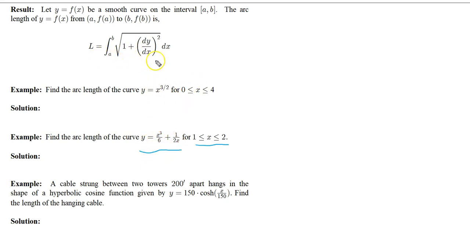So we just have to use this formula up here. So we need to know what the derivative of this is. Well, y prime, of course, is going to be, so there's the derivative. Note that the derivative of 1 over 2x, that's 1/2 x to the negative 1. When you differentiate this, you drop the negative down, so that's where that negative comes from, and you subtract 1, so you get x to the negative 2, so 1 over x squared.